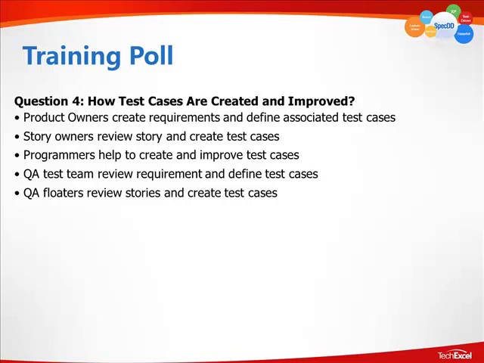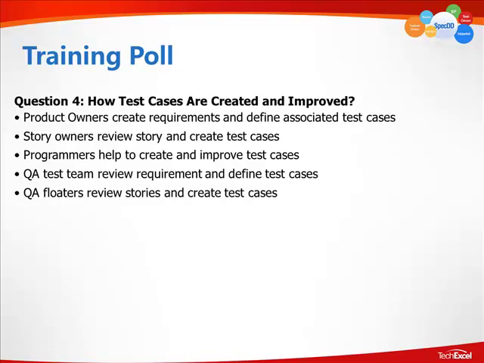So a quick training question. How are test cases created and improved? Test cases, how are they best created and improved? Product owners create requirements and they define the associated test cases? Or do the story owners review the story and create the test cases?